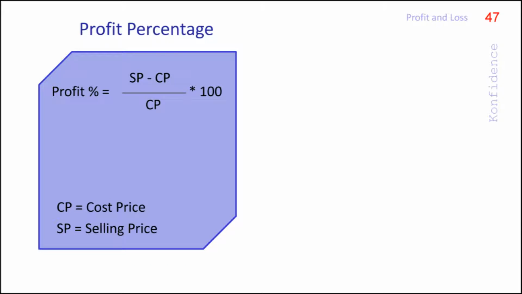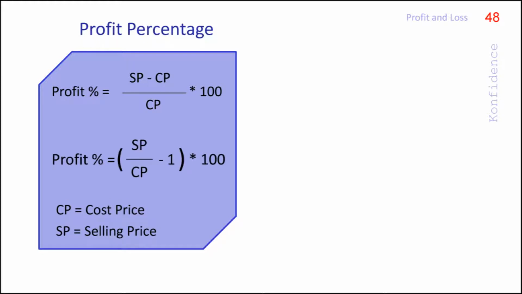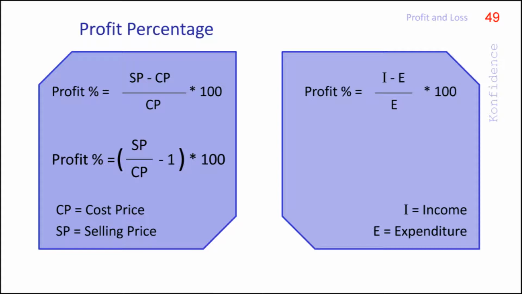So profit percent equals SP minus CP, the whole divided by CP into 100, or SP divided by CP minus 1, the whole into 100, and profit percent equals I minus E, the whole by E into 100, or I divided by E minus 1, the whole into 100.